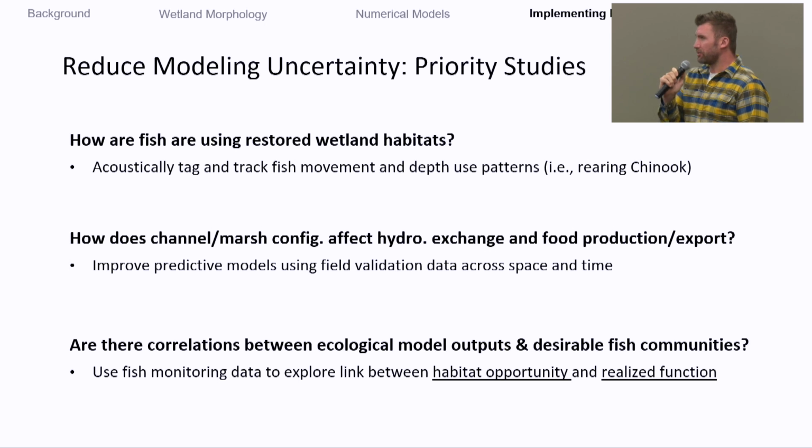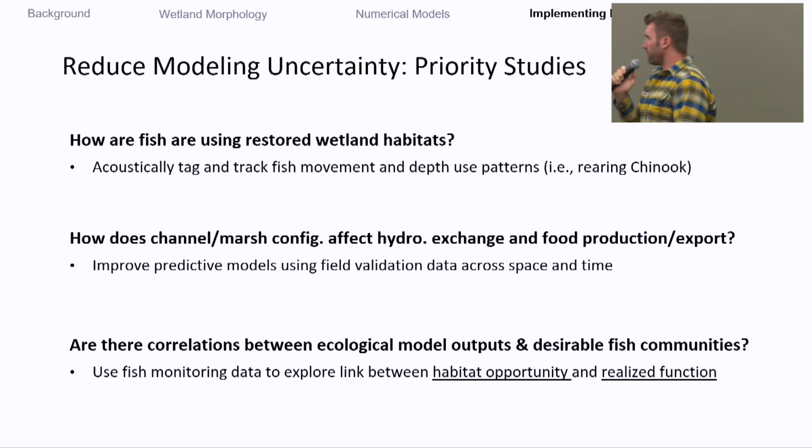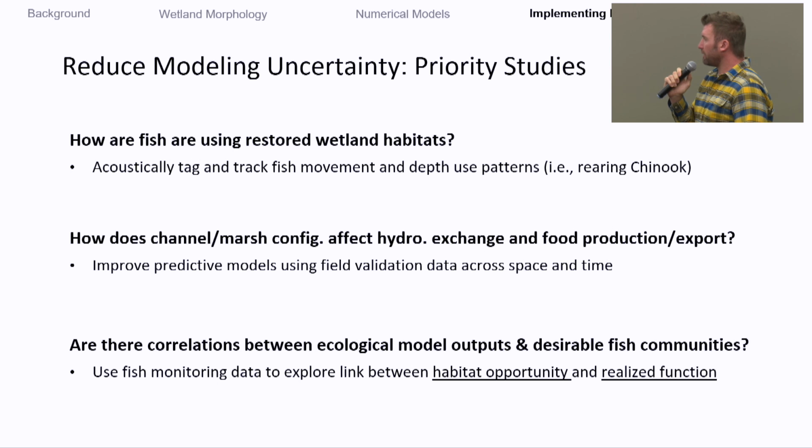And lastly, in terms of realized function, it's great if these models are robust, but do they actually predict things like realized function? Are there correlations between ecological model outputs and desirable fish communities? And so we could leverage fish monitoring data that already exist to maybe explore the link between habitat opportunity and realized function.